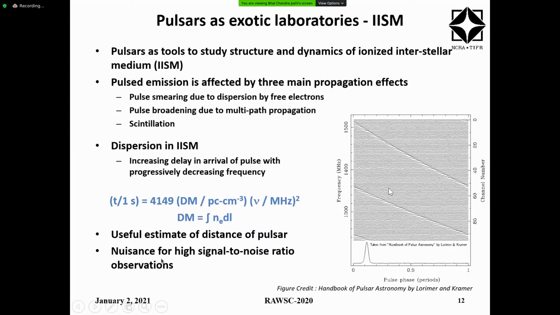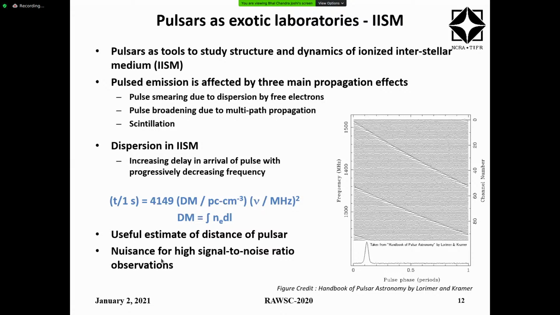And dispersion, scintillation, and scattering can all lead to a change in the time of arrival of the pulse, which is something one needs to take into account if you want to do a very high precision measurement of time of arrival. For the gravitational wave experiment, one would like to measure this time of arrival to few nanosecond precision. But dispersion alone will make your time resolution poorer than that.